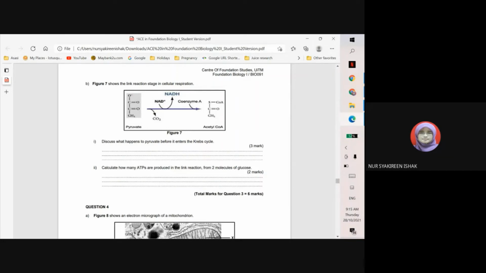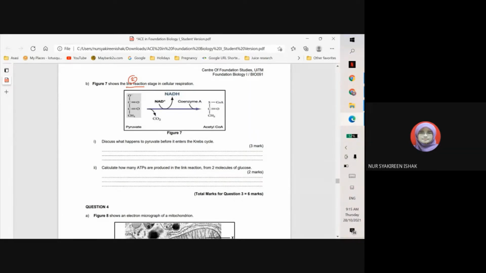Okay, so now we are going to look at the next question, which is B. It shows you figure 7 that shows the link reaction stage in cellular respiration. Link reaction is the second stage of cellular respiration. It is also known as pyruvate oxidation.